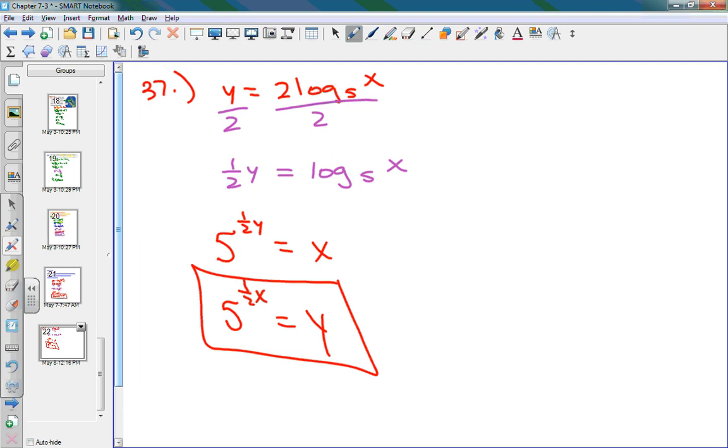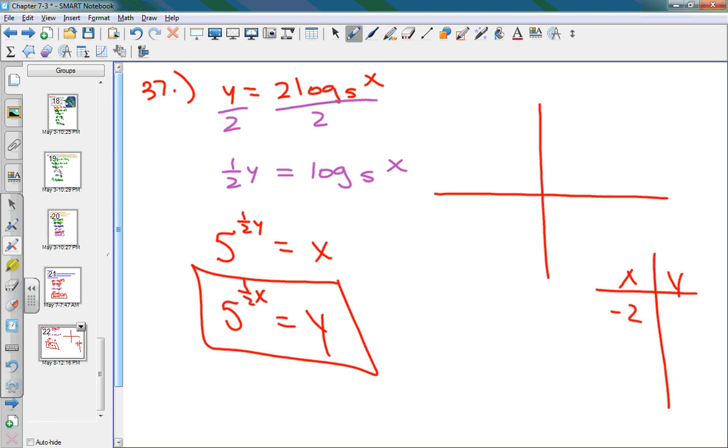Now, the only reason I showed you that is because if you want to graph something, you have to be able to graph an exponential, because you can't graph the log without using the graphing calculator, can you? The only way you can graph a log is by graphing the exponential first by hand. Do we all understand that? So if I start plugging in values here, if I plug in -2, that's going to give me 1/2 times -2, which is -1.